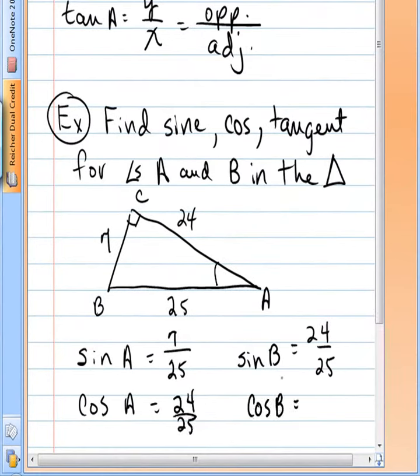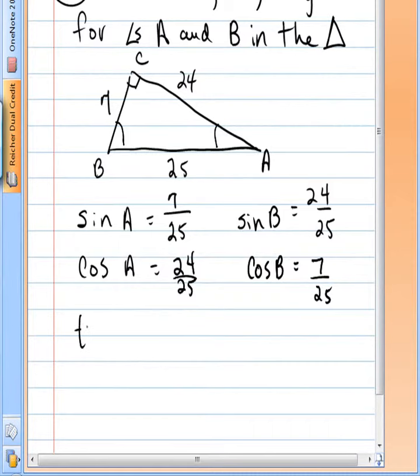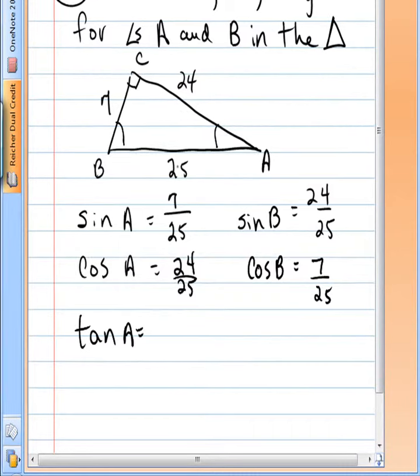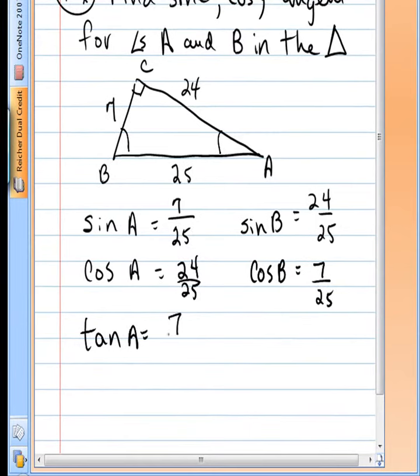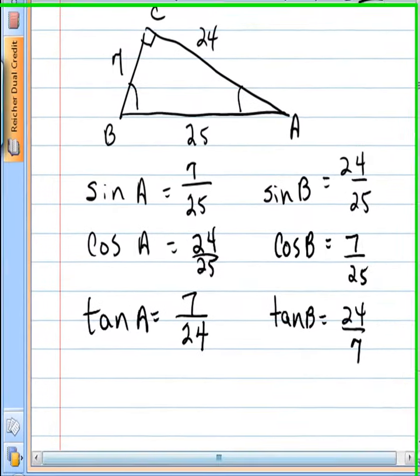Cosine of B, if you're looking at B, adjacent would be 7 over 25. Okay, and let's do our tan. Tan A is equal to opposite over adjacent, so 7 over 24, and tan B is equal to opposite over adjacent, 24 over 7.